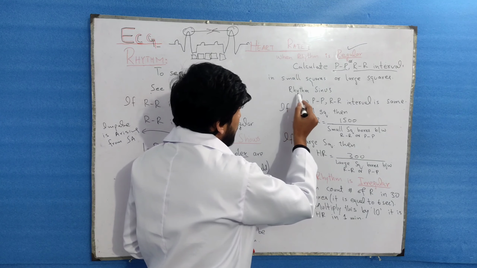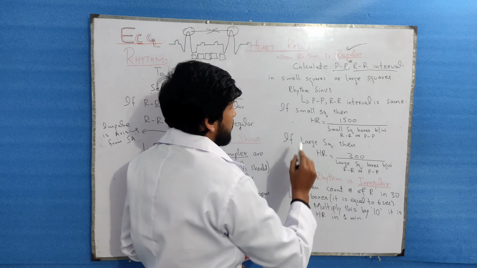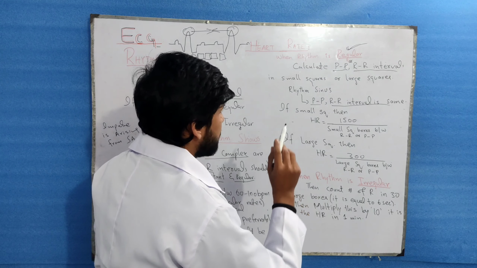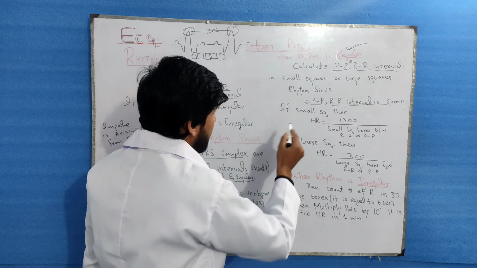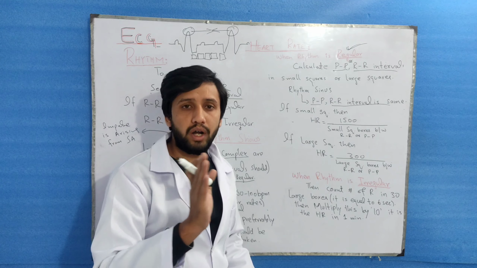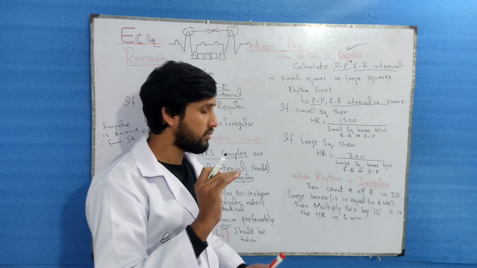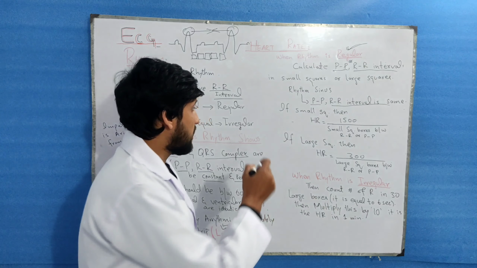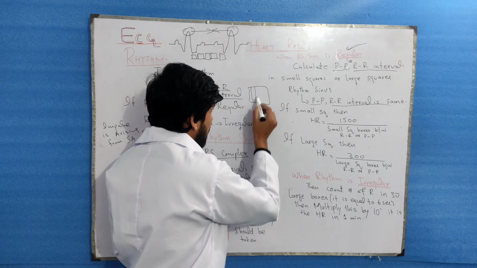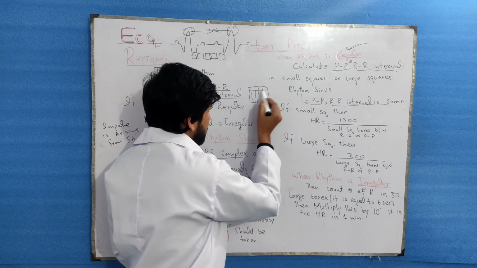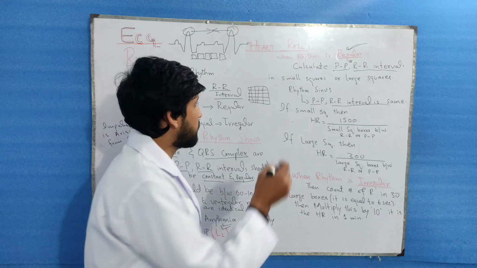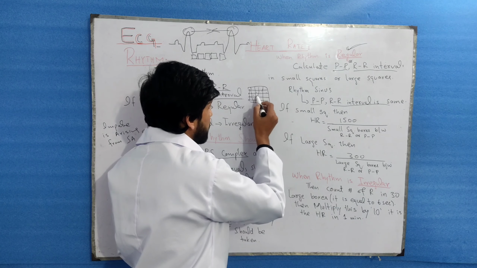If it is regular rhythm, then the PP or RR interval is calculated, and if it is the same, you can calculate the heart rate either from small boxes or from large boxes. I have explained earlier that in one large box of ECG paper, there are 5 small boxes.